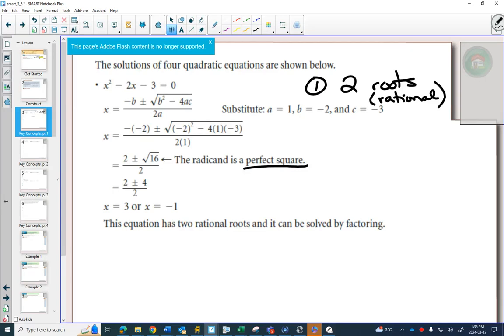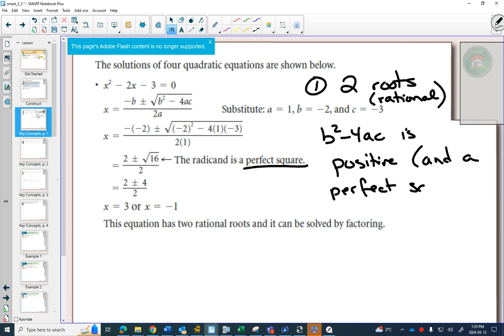Irrational numbers are like square roots and pi that go on forever without a pattern. So beside this first one, you can write 2 roots, rational. The discriminant part is positive, and the positive idea tells us that there's going to be 2 roots, and the fact that it's a perfect square tells us that those 2 roots are going to be rational.